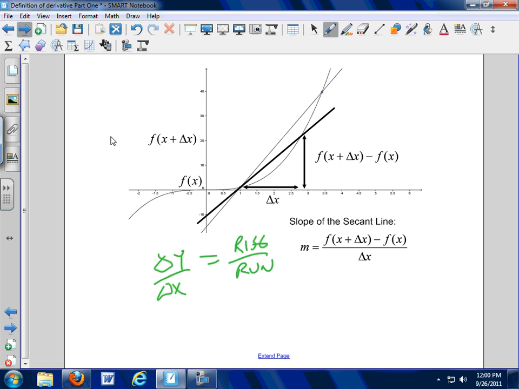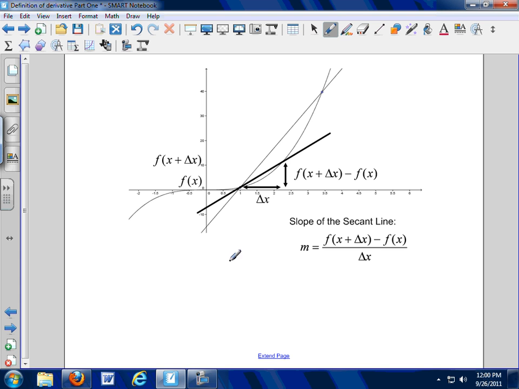So we move forward, and we keep making delta x smaller and smaller, and consequently the difference in my y values gets smaller. We're using the same thing, change in y over change in x, rise over run. Our plan is to keep making delta x smaller and smaller, which makes this quantity smaller and smaller.